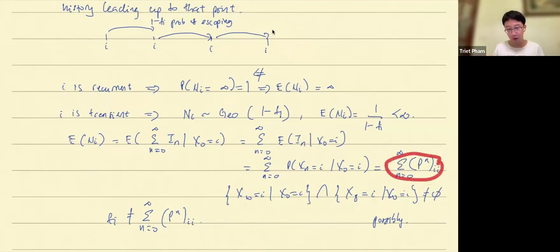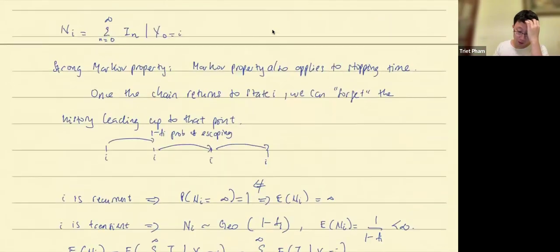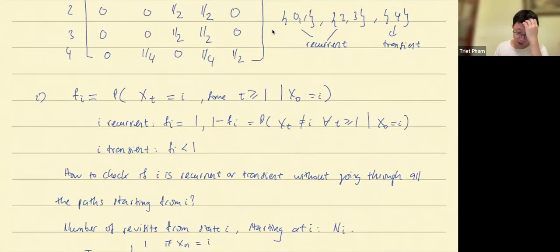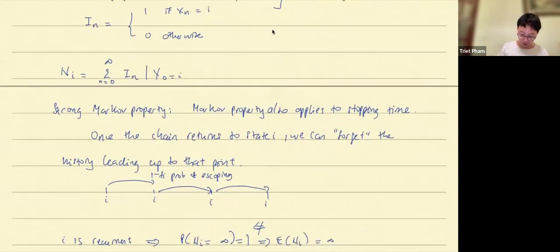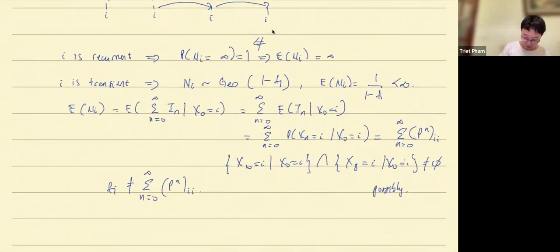I'm referring, of course, to the idea of the inclusion-exclusion principle. Fi is the probability of the union over all possible t's, starting at 1.